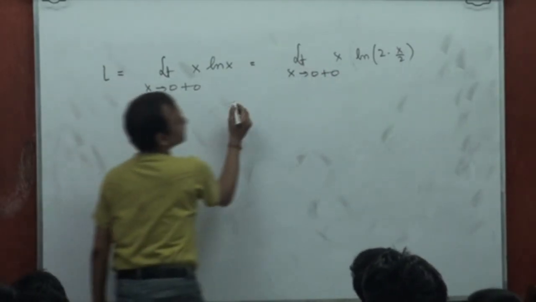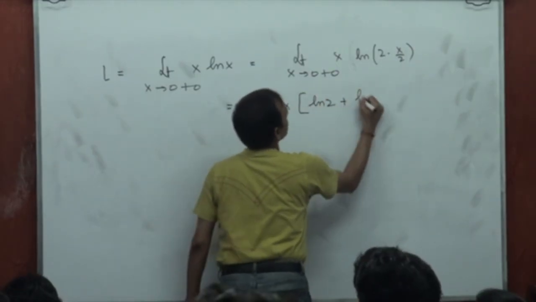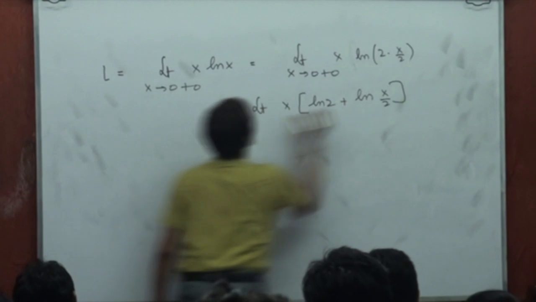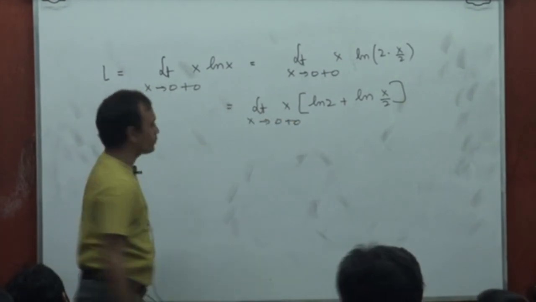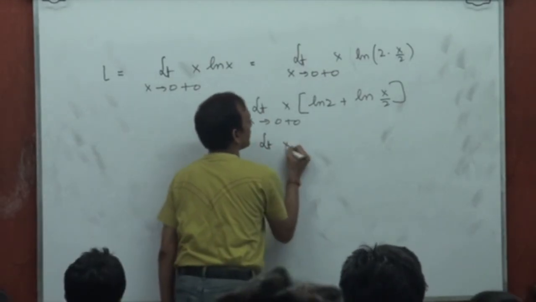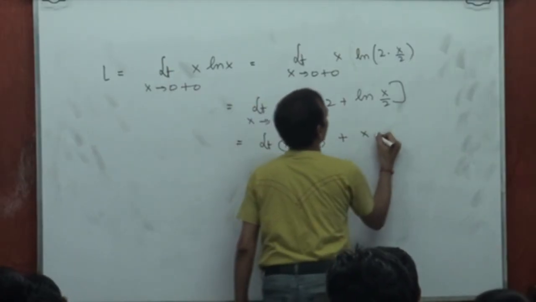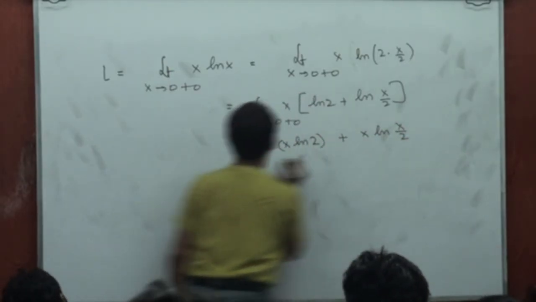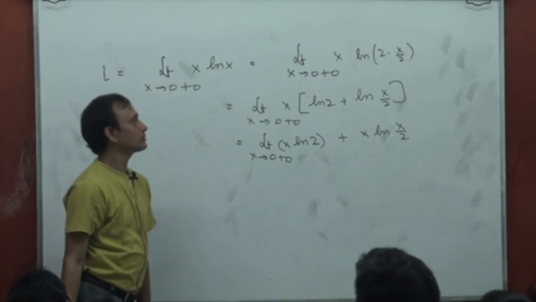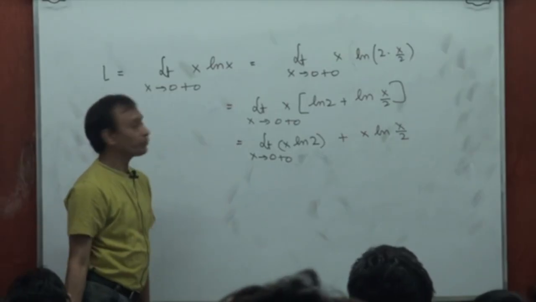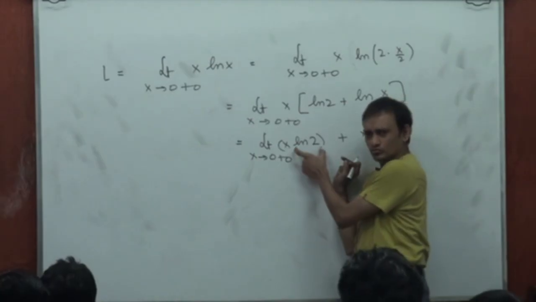Let me call all of this L. This is limit x (ln 2 plus ln(x by 2)) as x tends to 0 from the greater than 0 side. That is limit x ln 2 plus x ln(x by 2). Limit x ln 2 as x tends to 0 will be 0.